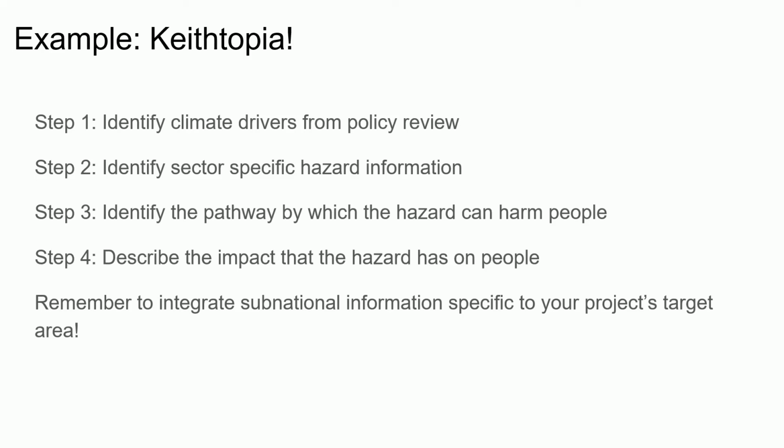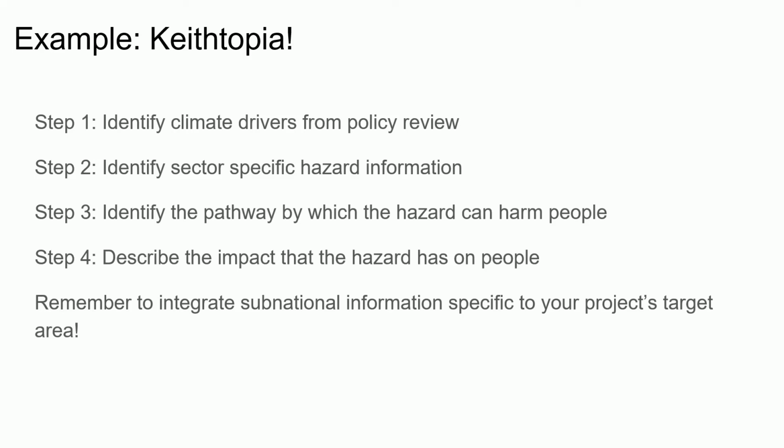So step 1, identify climate drivers from the policy review. To develop our climate change evidence base, we start with the big picture processes of climate change that our country is experiencing or will experience in the future. In most cases, we can find this information in the climate change strategy and the policy documents that we reviewed for the first step in the concept note development, back when we were looking at the policy linkages.